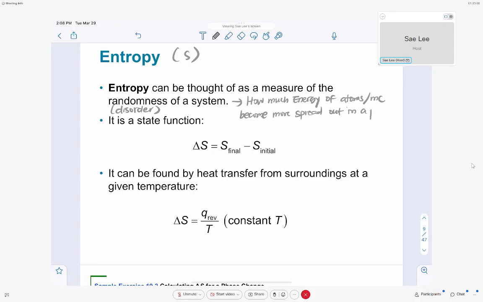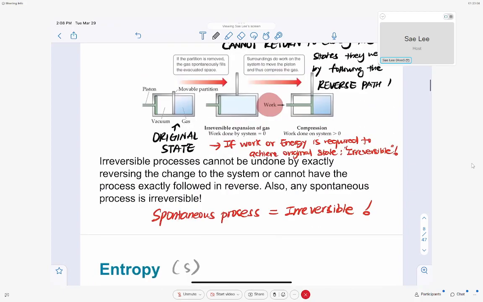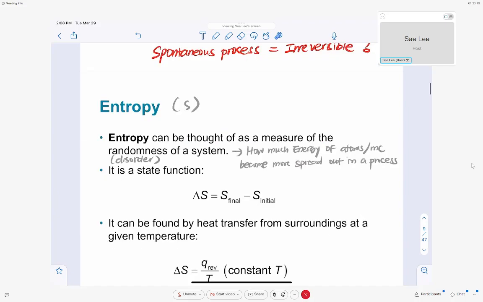in a process. Okay, as you can see here, the gas molecules were confined in a certain space, but when you remove this partition, the gas molecules naturally, spontaneously spread out, right? So how much energy of atoms and molecules become more spread out in a process.